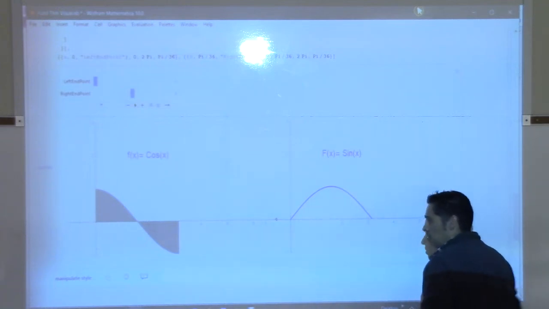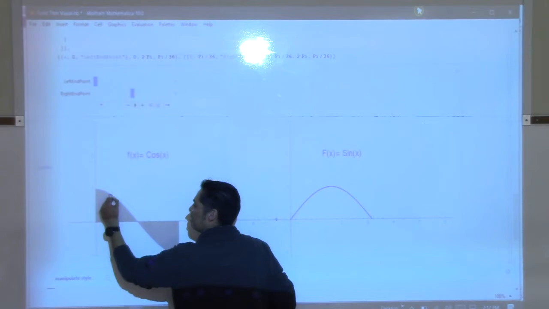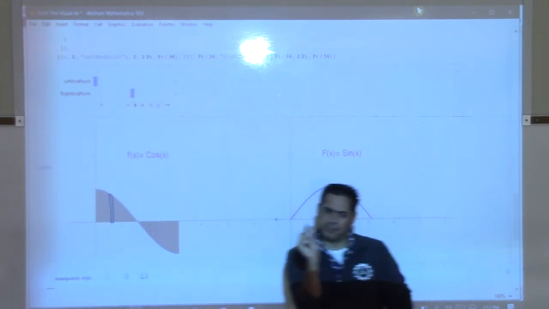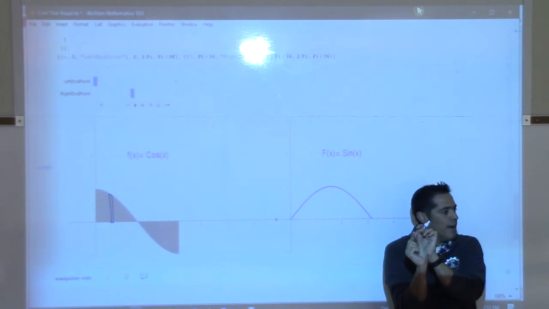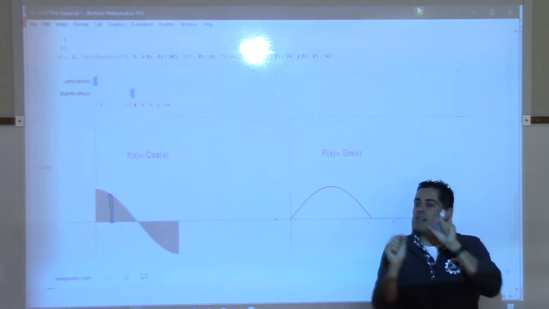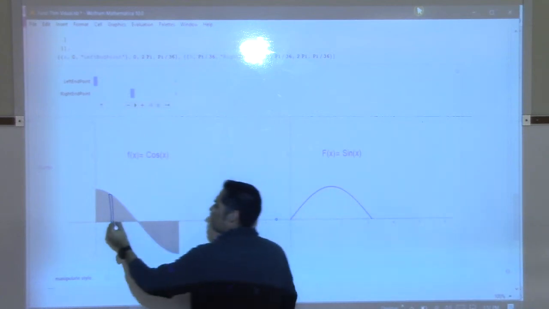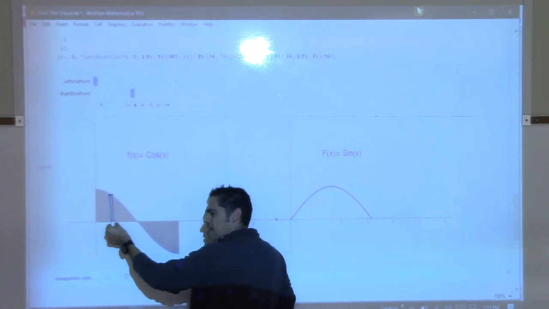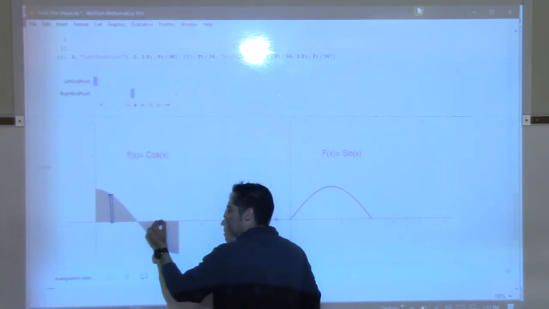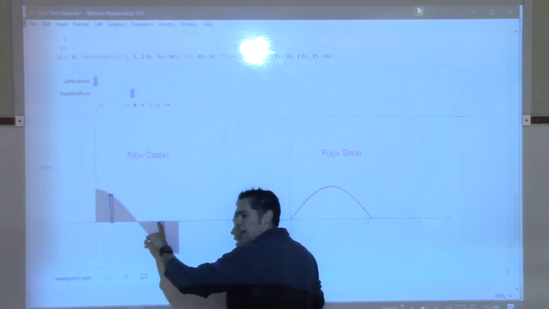Remember our rectangles, right? Our formula, we said, let's get the area, we do that rectangle. How wide is it? Well, it's the width, dx, whatever it is, right? b minus a over n. But the height is the value of the function, isn't it? So if your point is up here, the corner of your rectangle is up there, then you're going to have a positive number times a positive number. But if you do a rectangle down here, your width's going to be positive, but now your function's value is negative.